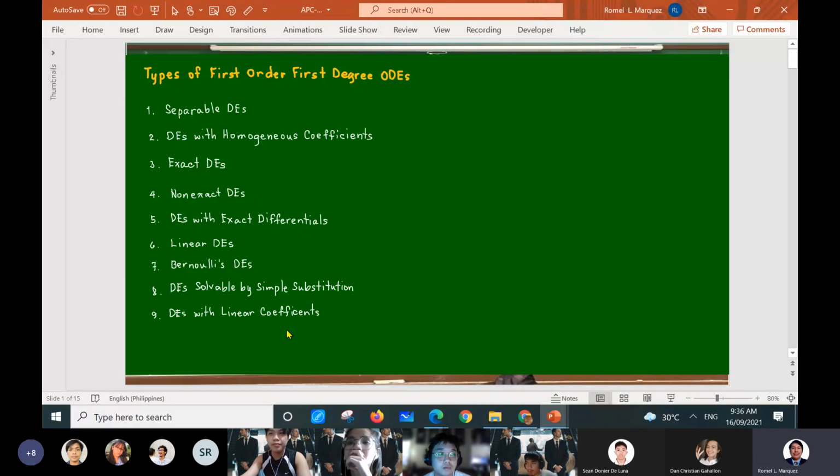Okay, so these are the 9 types that we're going to have. But it doesn't mean that these are the only types of first order, first degree ordinary differential equations. It so happens only that these are the types we are interested in.